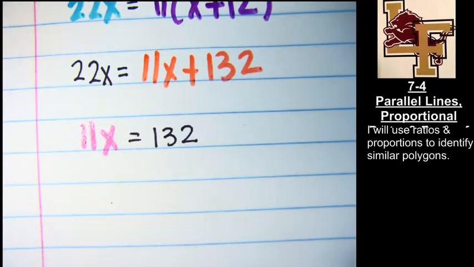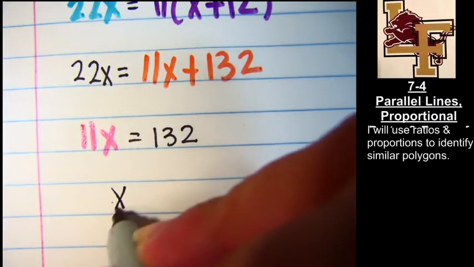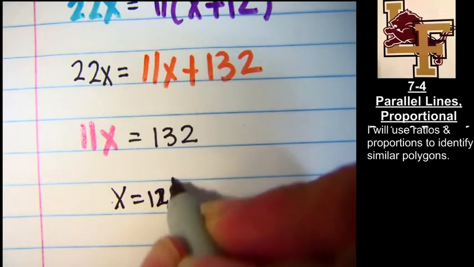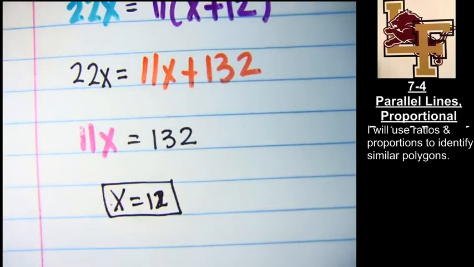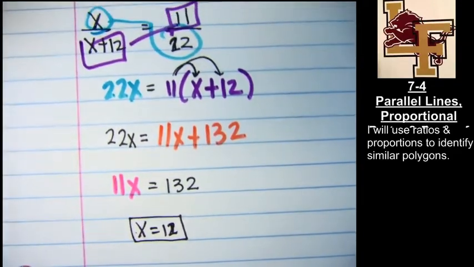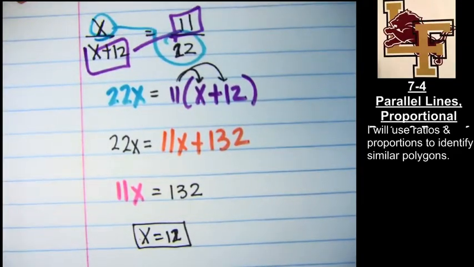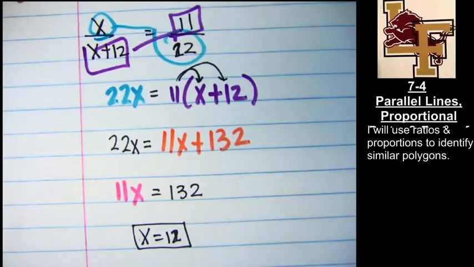Divide both sides through by 11, and I get that x equals 12. Questions? Feels okay?